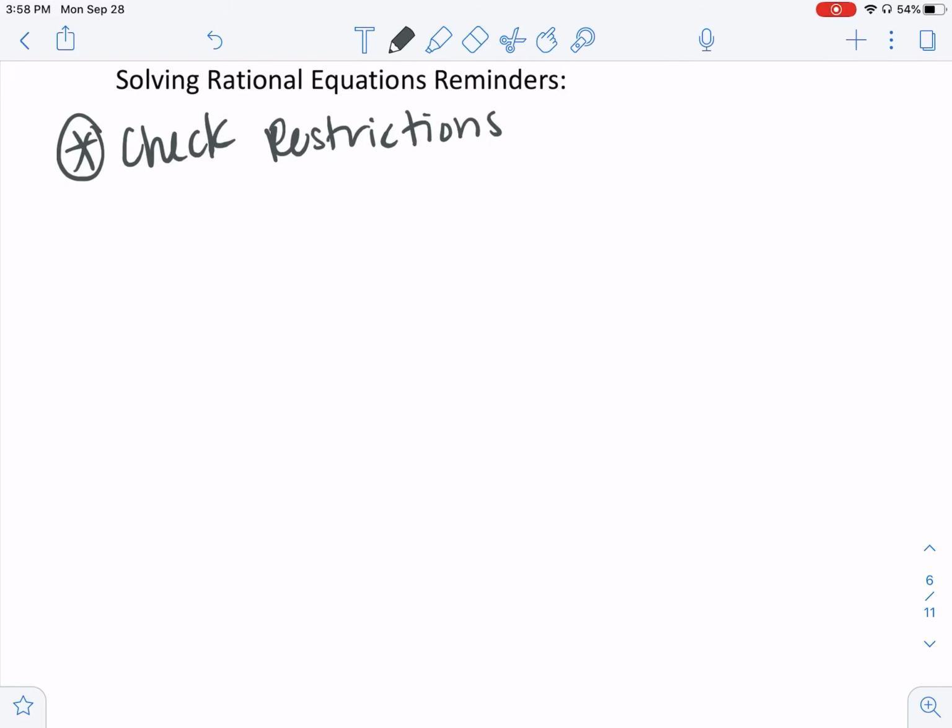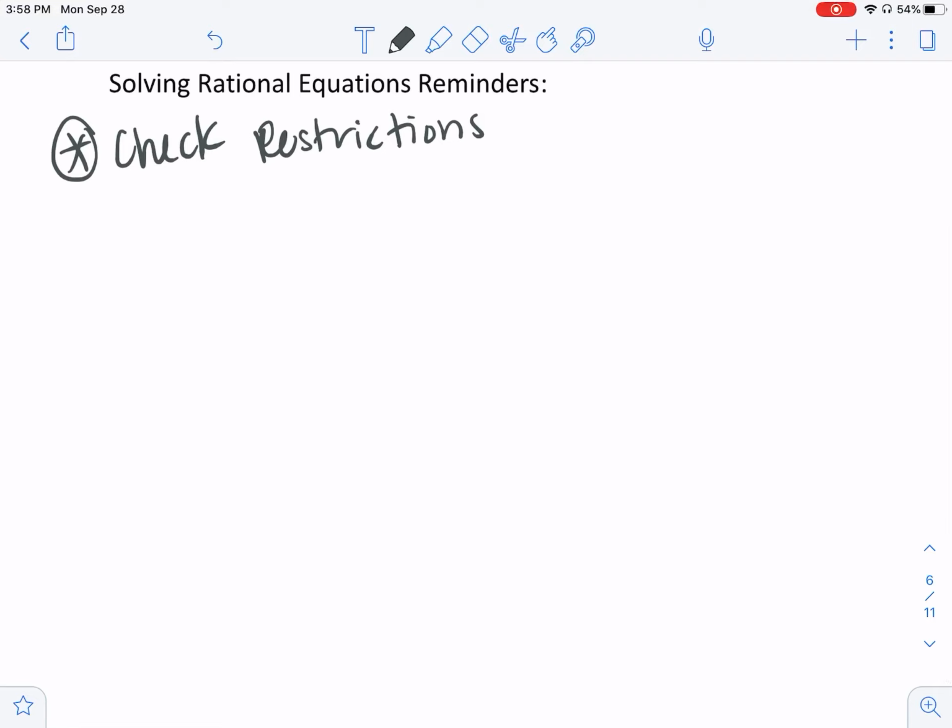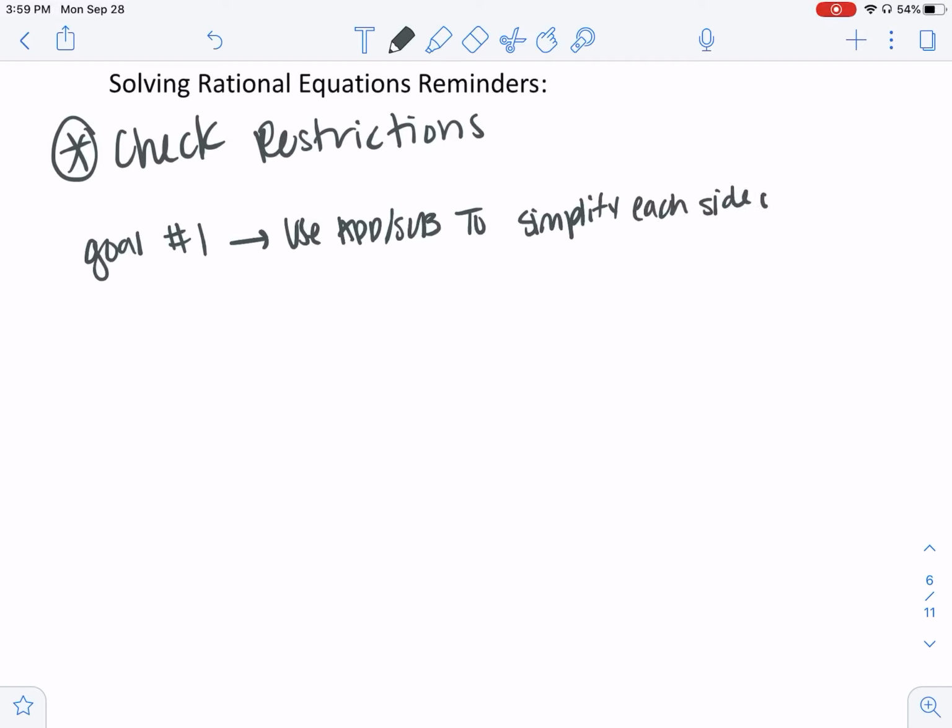Now, when I think about solving a rational, I kind of break it up into three goals. So we have goal number one, and goal number one is to use addition and subtraction to simplify each side of the equation to one fraction.